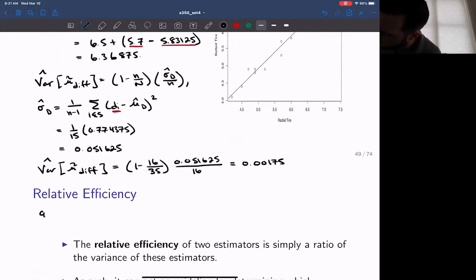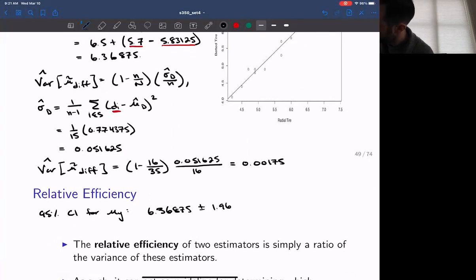Okay, so then our 95% CI for mu y will be 6.36875 plus or minus 1.96 multiplied by the square root of 0.00175. And that should give us something in the area of 6.33 to 6.41.